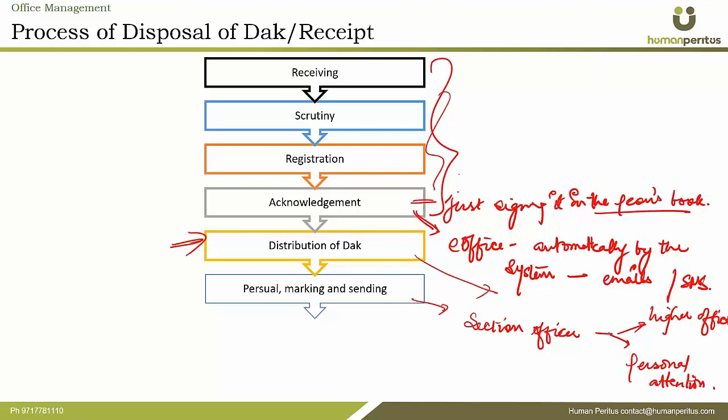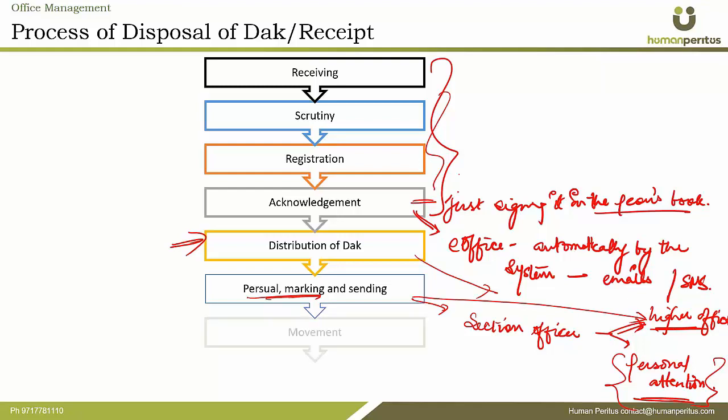So he will segregate the dak: this is of higher importance, my higher officer would be dealing with it, or this I can manage, or personal attention needs to be given to such and such dak. If it needs to be sent, it would be sent to the higher officer. This is the meaning of perusal and marking, that he would segregate the dak according to its importance.